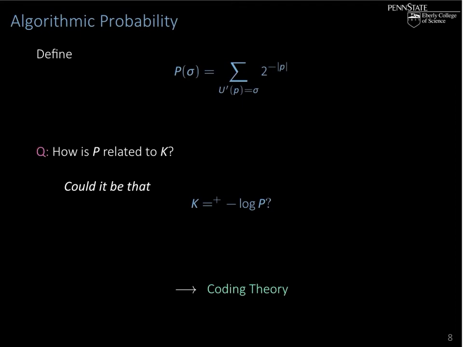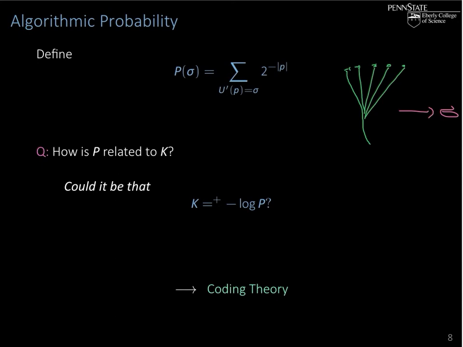Well, if that were true, what would have to be the case? If you think of it, this would mean that, for instance, if there were a lot of long programs that all produce sigma, then sigma would have a relatively high probability.